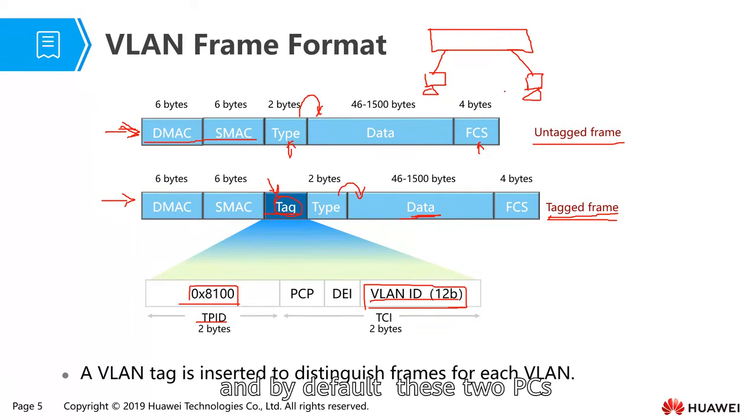By default, these PCs belong to one broadcast domain. If we want to divide the broadcast domains, we can put PC1 and PC2 in different ones, for example broadcast domain 10 and broadcast domain 20. That is VLAN 10 and VLAN 20.